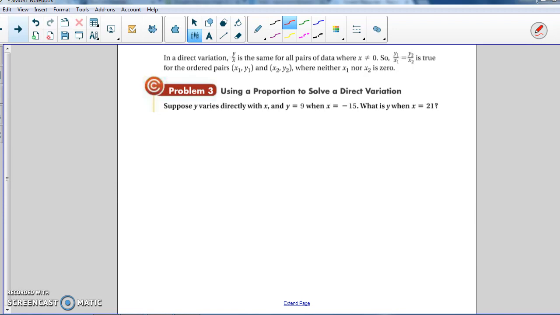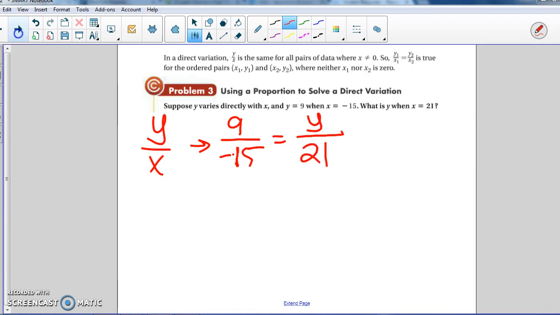Suppose y varies directly with x and y equals 9 when x equals negative 15. So we know y over x, which means 9 over negative 15. And then we want to figure out what y is when x is 21, so that is equal to y over 21.